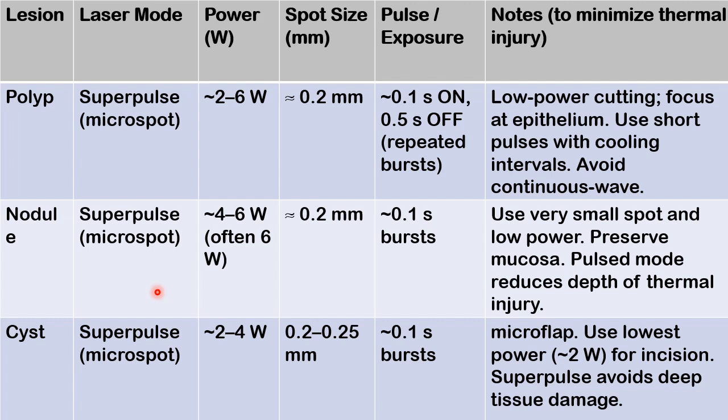For the three of them, the power would be anywhere between 2 to 6 watts, and the spot size as small as possible, almost a fifth of a millimeter, unless you are using a linear or curvilinear line, which can be a bit longer. And the pulse on would be between 50 and 100 milliseconds on, and around 300 to 500 milliseconds off, to allow for the cooling of the tissue in almost the three of them.